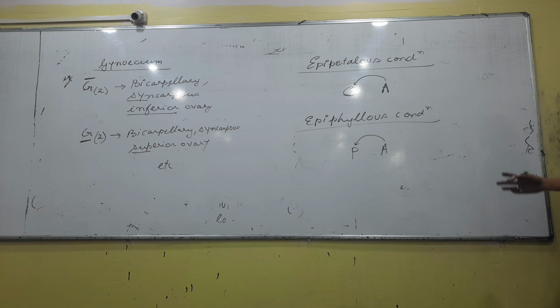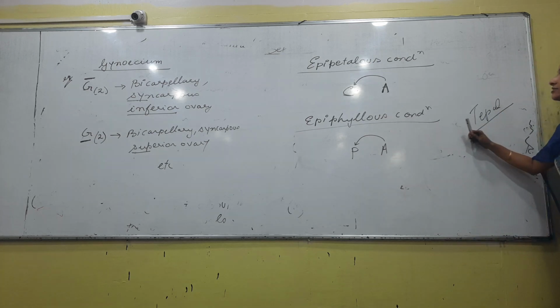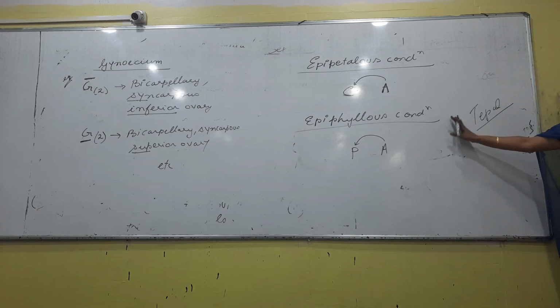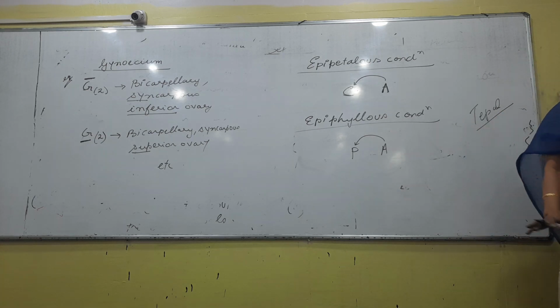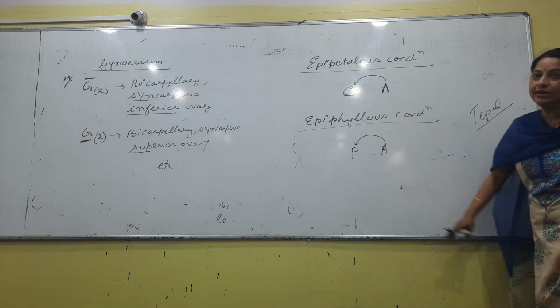So if the stamen is attached with the perianth or individual member, the tepal, then it is called epiphyllous. Such a condition is seen in case of monocots. And in your NCERT book, out of the 3 angiospermic families, 1 is Liliaceae, right? Liliaceae has this word. So that is the way.